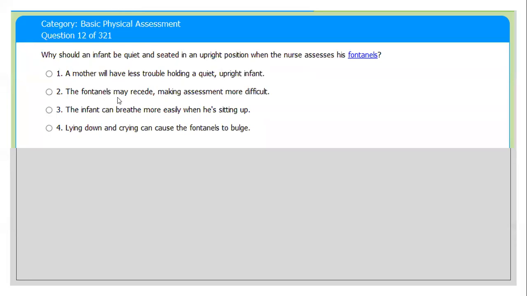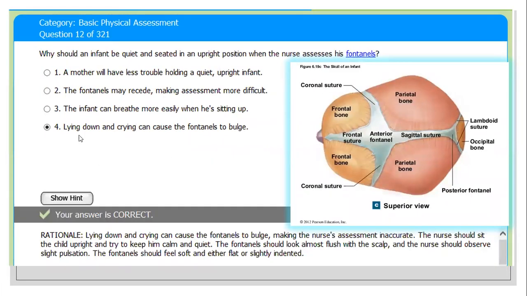Number 2, fontanel may close, making assessment more difficult. Number 3, the infant can breathe more easily when he is sitting up. Number 4, lying down or crying can cause the fontanel to bulge. So the correct answer is lying down and crying can cause the fontanel to bulge outward.